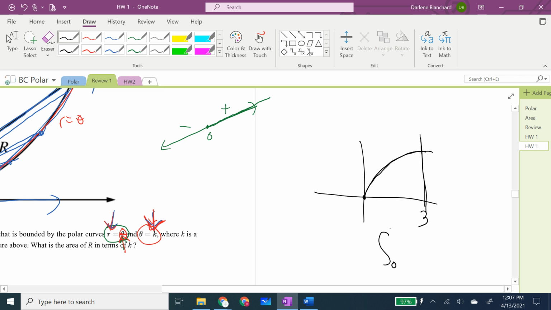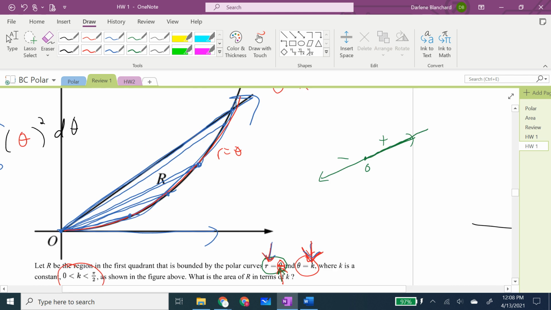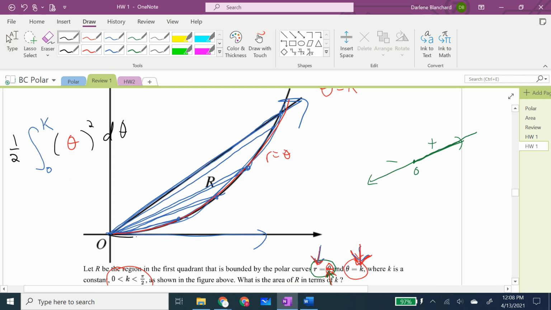The 3 only shows up as an endpoint of the integral. Only this curve becomes the integrand. So it's very similar to that. It's just, instead of being bounded by vertical positions, you are bounded by angles instead, coming out of that pole.